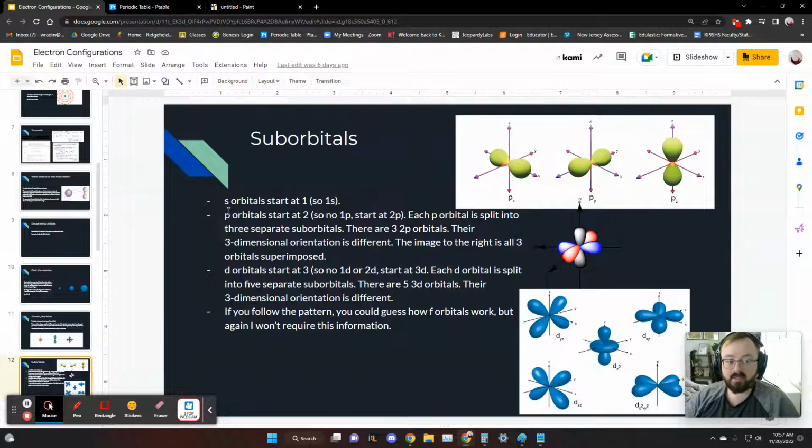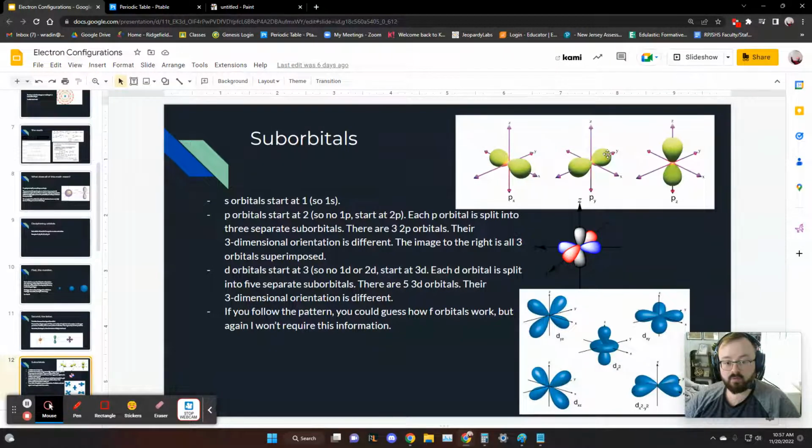Each p orbital is split into 3 separate suborbitals. You might see the term shell, especially in some of the gizmos or other resources. I'm just opting to use suborbital to streamline our vocabulary. There are 3 2p orbitals. One of them looks like this, one of them looks like this, one of them looks like this.